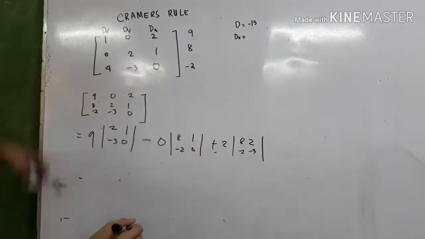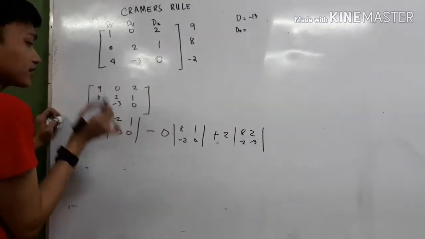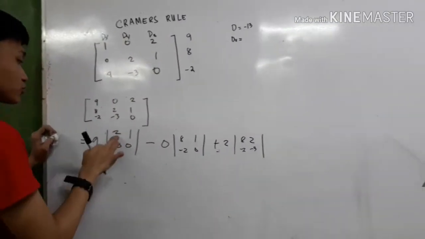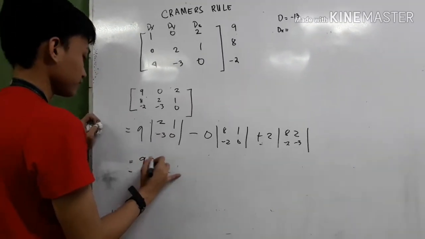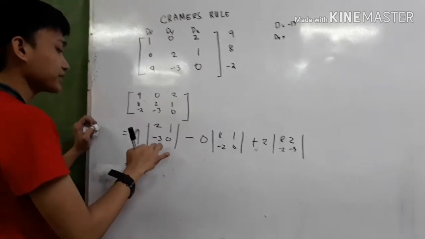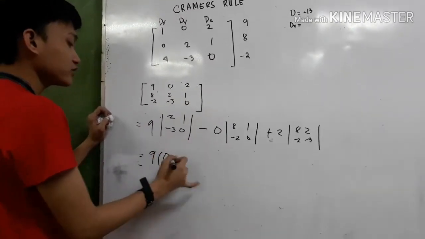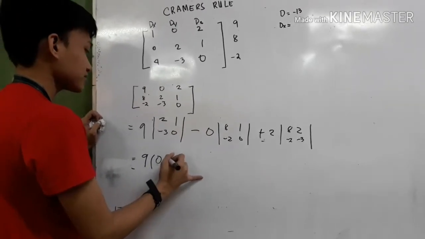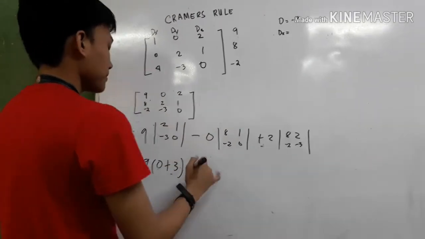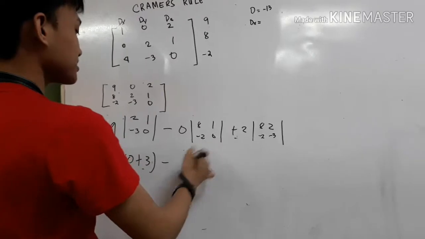So again, we perform row operations. So 2 times 0 is equal to 0, minus negative 3 times 1. So this is positive 3, minus 8 times 0 is 0.